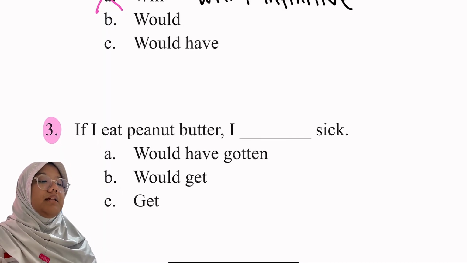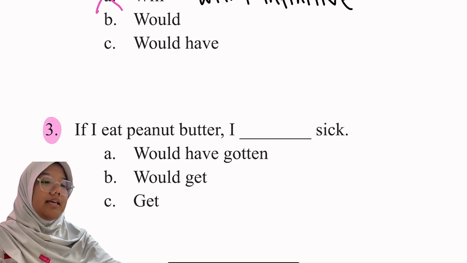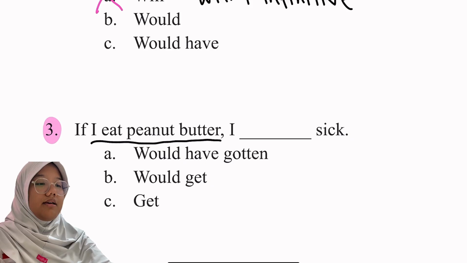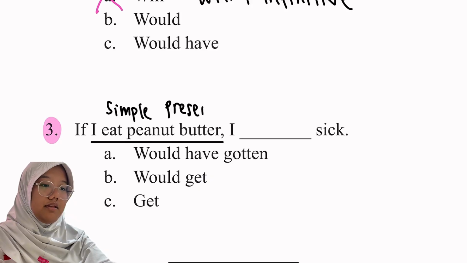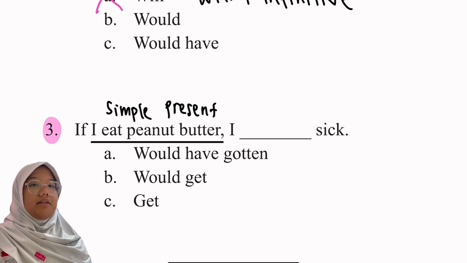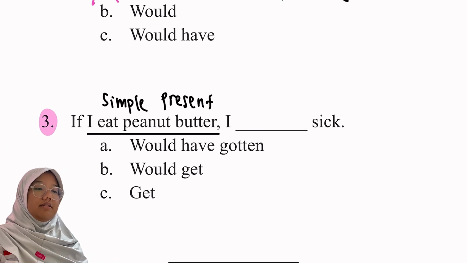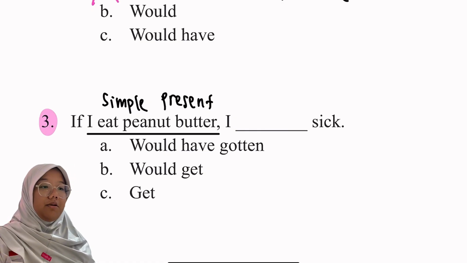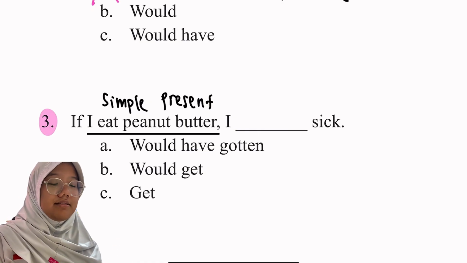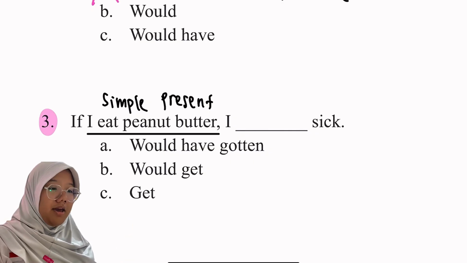If I eat peanut butter, I blah blah blah sick. Eat peanut butter is simple present. Simple present is used for the condition in type 1 or type 0, but this sentence is a general truth and fact. Why?